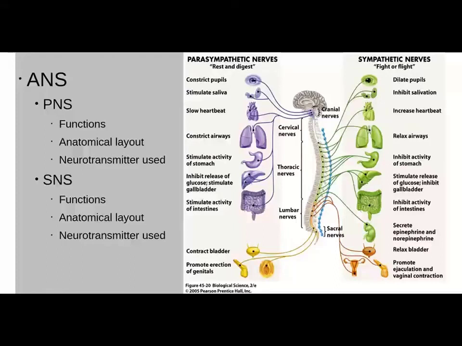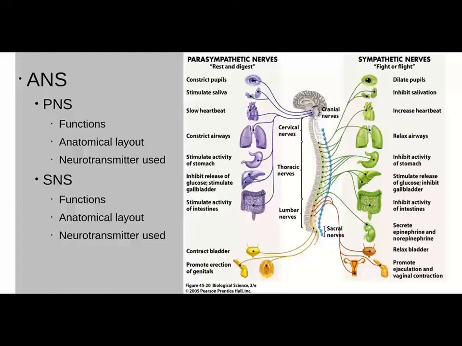Well, where that first neuron ends, there's going to be a group of cell bodies where the second neuron begins. Think back, what was a group of cell bodies in the peripheral nervous system called? It's called a ganglion. And the ganglion is where the second neuron begins.